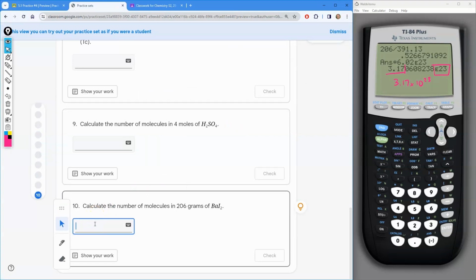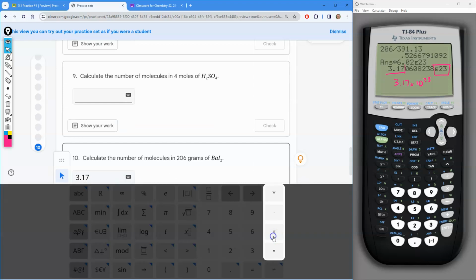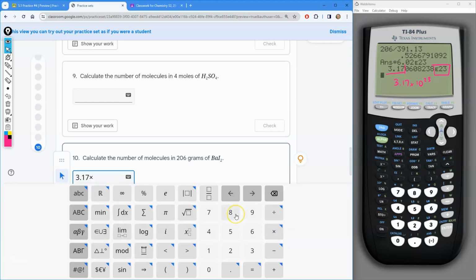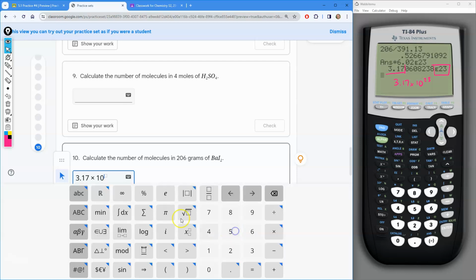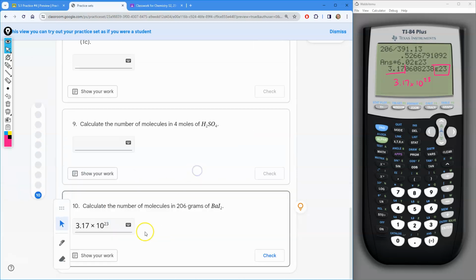So if I go down here and type this in, 3.17, I can go to the little keyboard here and click the multiplication symbol, 10, and then the exponent, I can click on this button here, and I want to click on this box, and then I can type 23rd. Okay, so that's the first way.